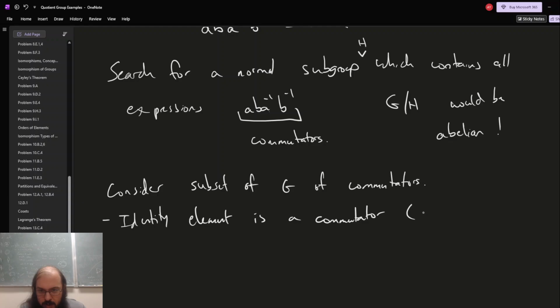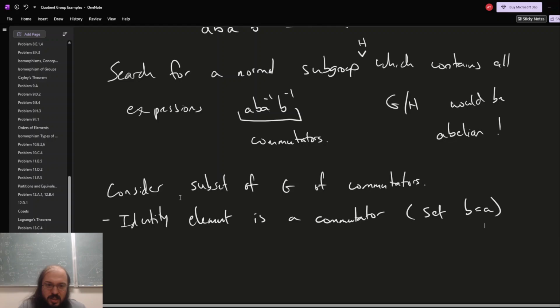Why? Because set B equal to A, right? Then you get A squared times A inverse squared. Those cancel out and you get the identity. On the other hand, in order to see that this is closed, well, it won't be in general, that is really what it boils down to.